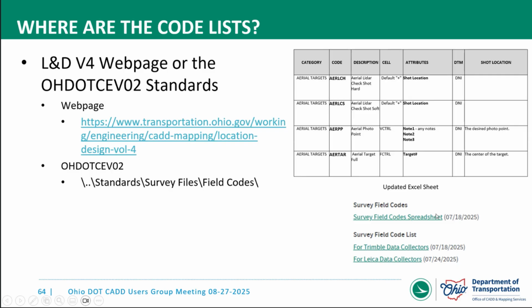You can get our spreadsheet that looks like a screenshot with all the codes spelled out for you. I don't know how many from the surveyor side are here in this meeting today, but maybe relay that message to them. It's been out there, so hopefully surveyors know about it.